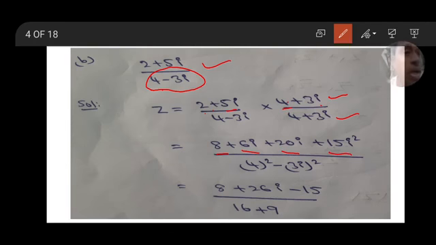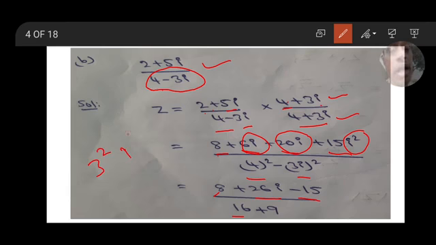In the denominator, a minus b into a plus b, a square minus b square: 4 square minus (3i) whole square.